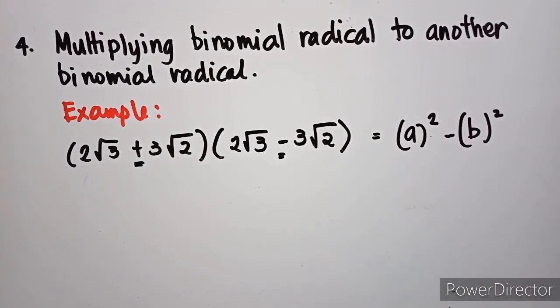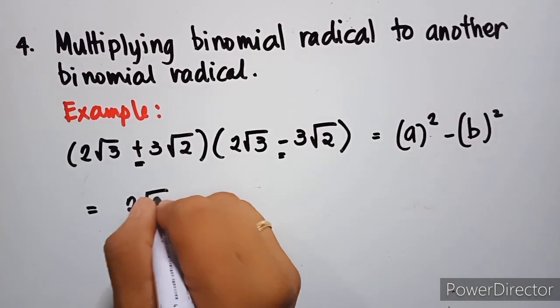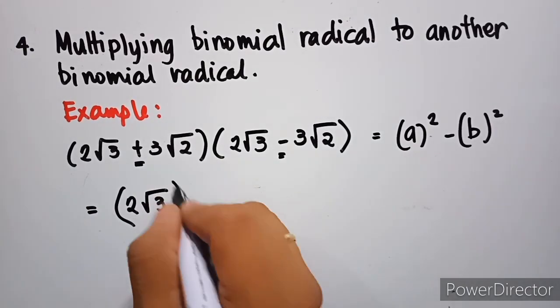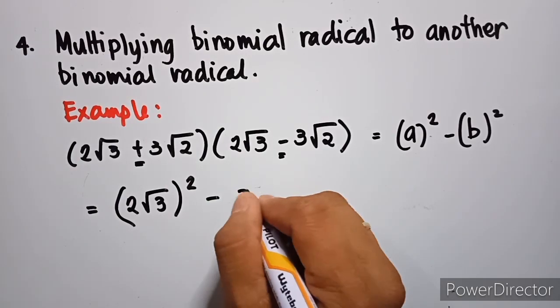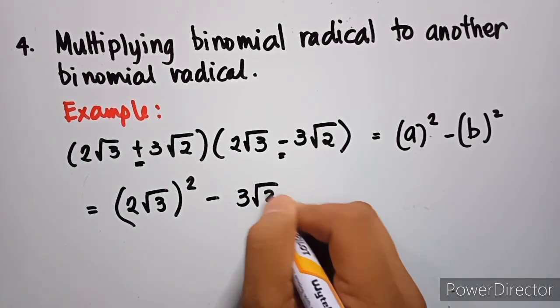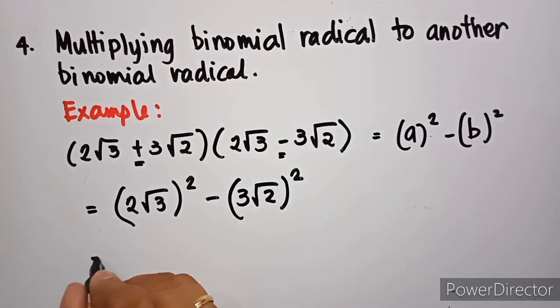So ang ating first term ay 2 square root of 3, i-squared lang natin siya, minus our second term, we have 3 square root of 2, i-squared lang natin siya.